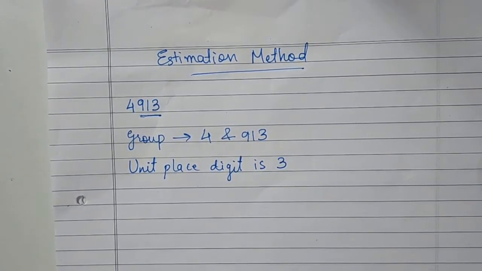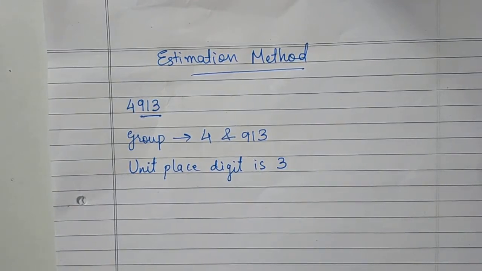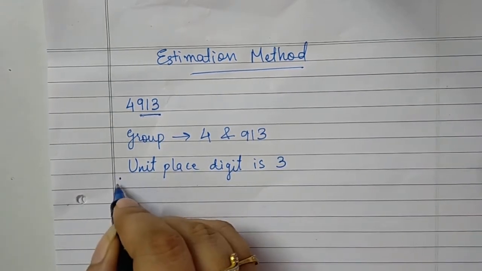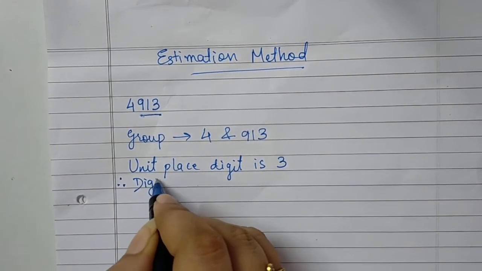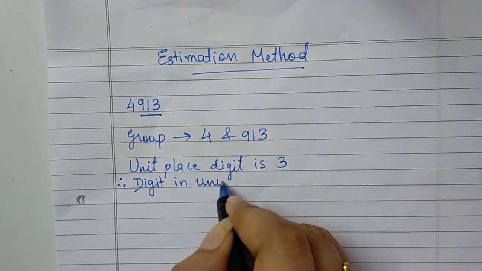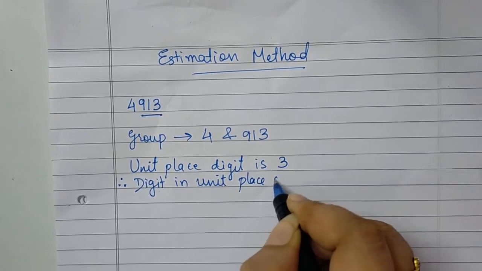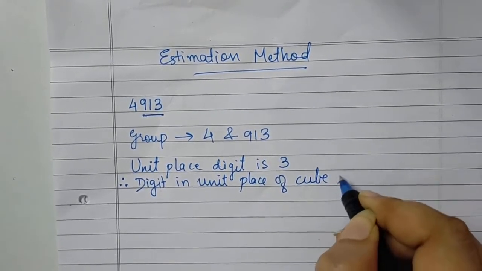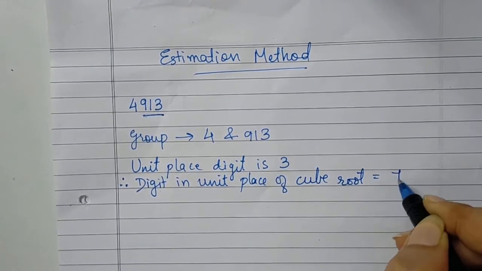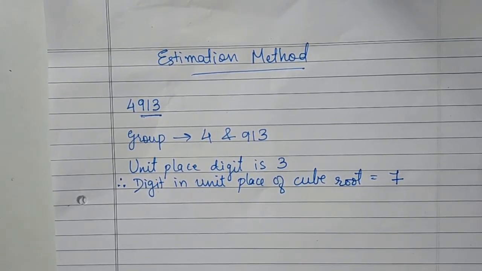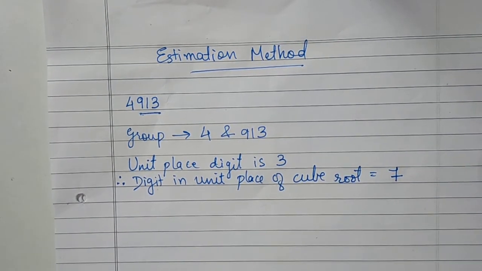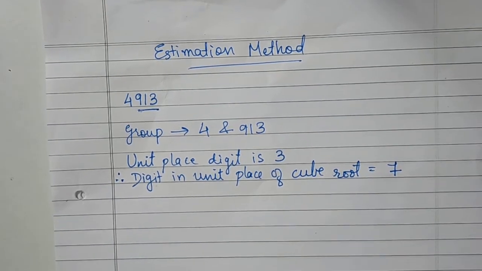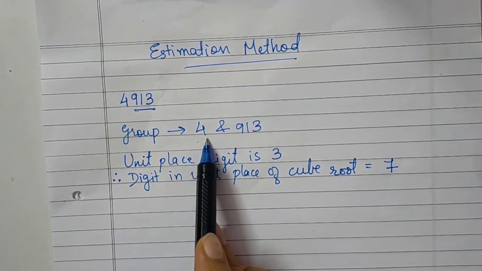Remember your properties. Property number 3. If there is 3 in the units place, then what will be in the units place of the cube root? Therefore the digit in the unit place of the cube root will be 7. 3 and 7 make a pair, right? So if there is 3 in the units place in the question, what will be in the answer? 7.